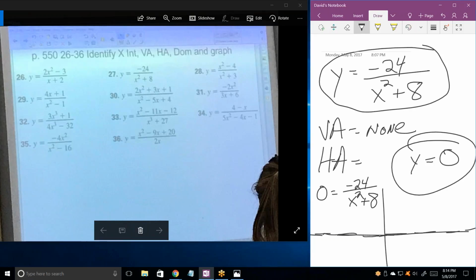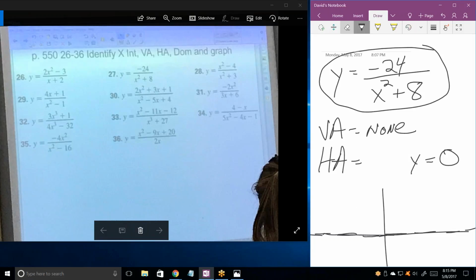The only way a rational quotient is equal to 0 is if the numerator is equal to 0. And this numerator is -24, so there's no way it's equal to 0. There are no x-intercepts. There's no possibility that y can be 0 here.